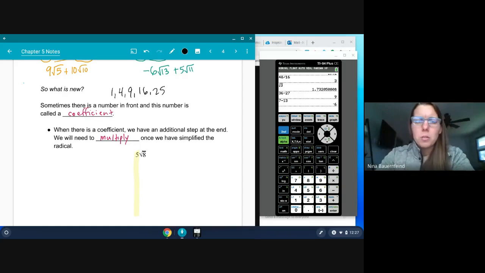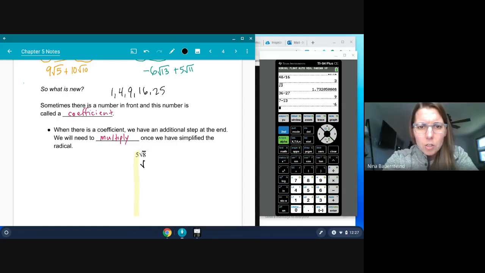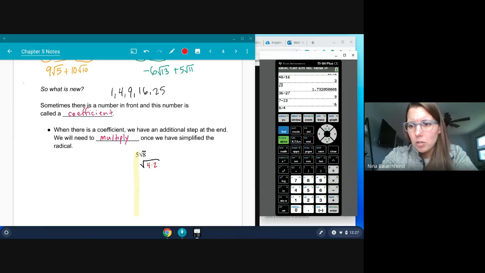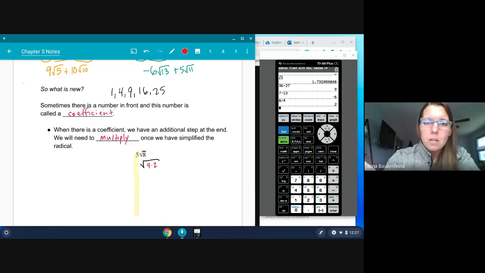Okay, which number is close to 8, but not more than 8 in the list? 4. So we're going to switch this into 4 times 2. I'm just jumping straight to it because I know we are aware that 8's the same as 4 times 2. Then we're going to split it up.